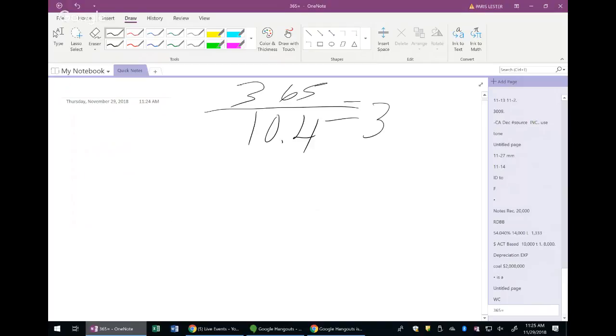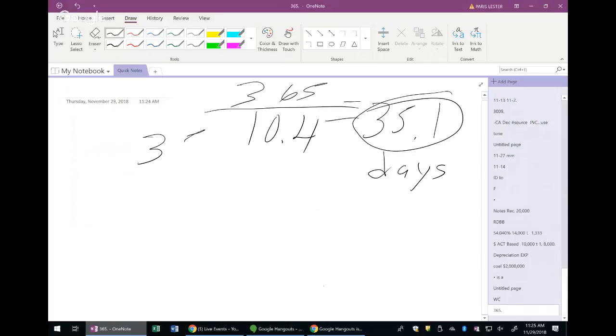All right, is that 35? And they probably got the answer here in the book too somewhere. 35.1 days. It's taking you that many days to collect your accounts receivable. So you're already tying your money up 35 days.